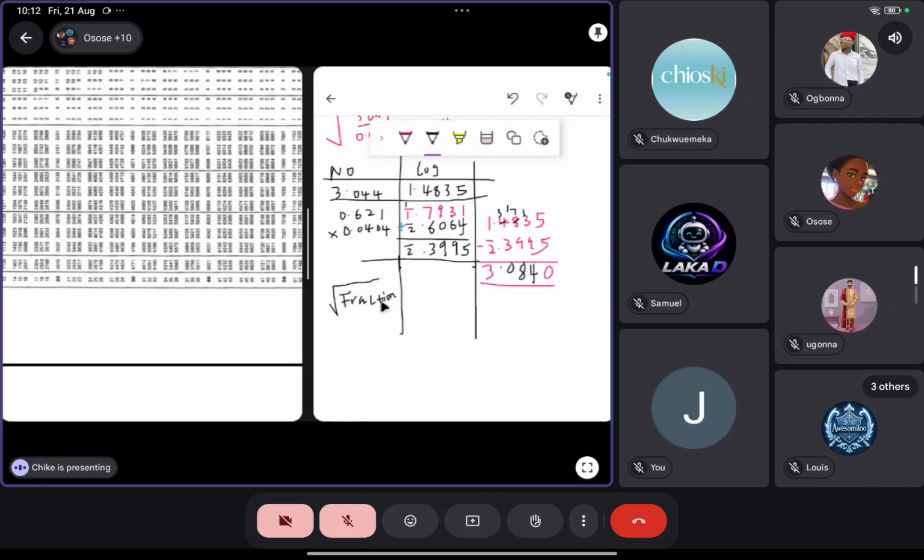So it's going to be this fraction which you have gotten to be 3.0840 divided by 2. And what does that give me? 1.5420.